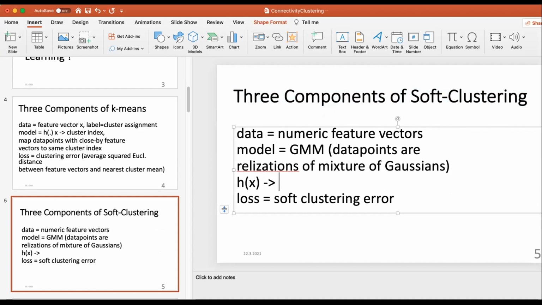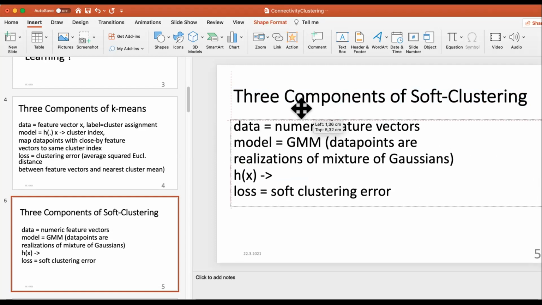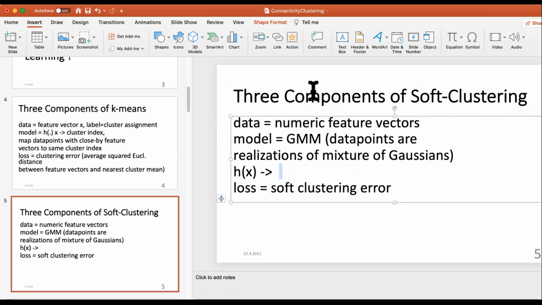What is the output of this predictor map for soft clustering? Does it output a cluster index like in K-means? What is the output of the soft clustering algorithm that I discussed last week?